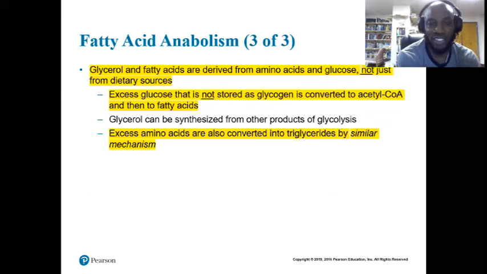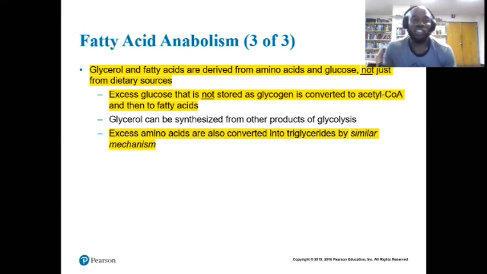Glycerol and fatty acids are derived from amino acids and glucose, not just from dietary sources. So excess glucose that is not stored as glycogen is converted to acetyl-CoA and then to fatty acids. Glycerol can be synthesized from other products of glycolysis. Excess amino acids are also converted into triglycerides.